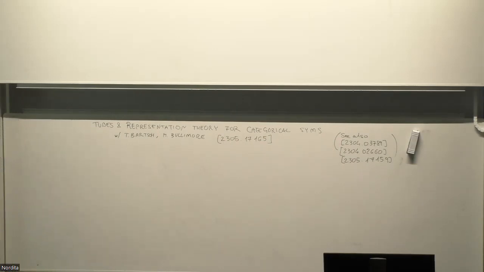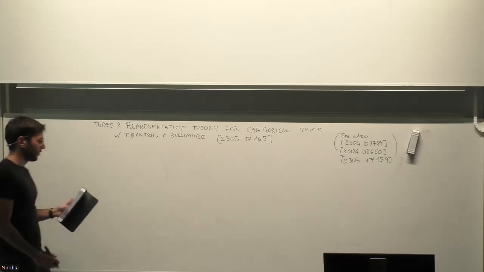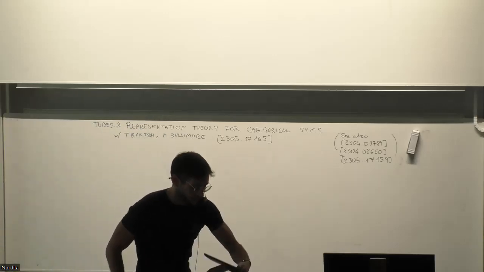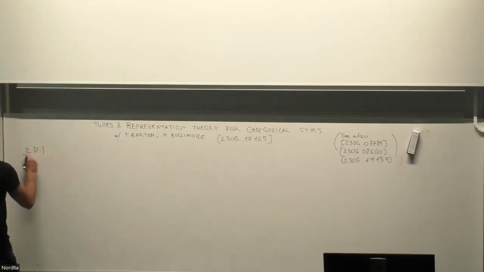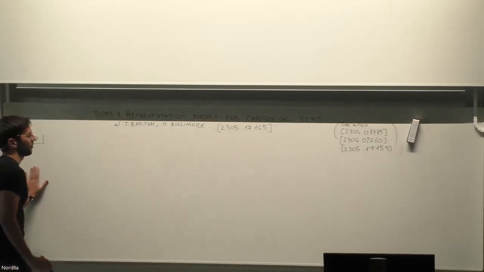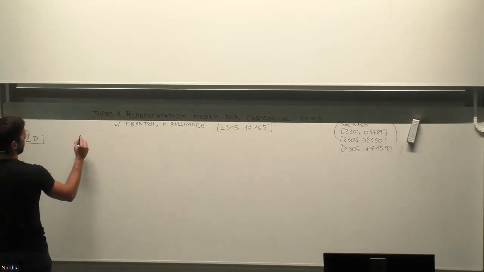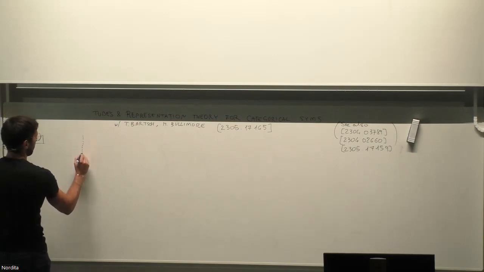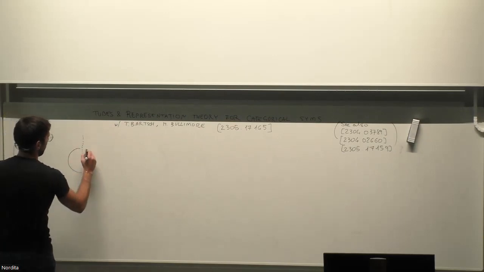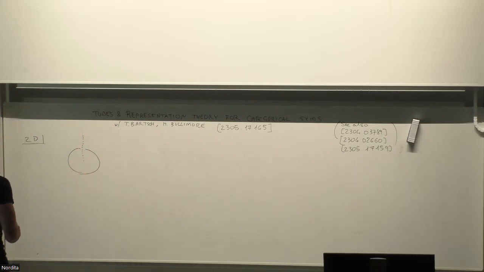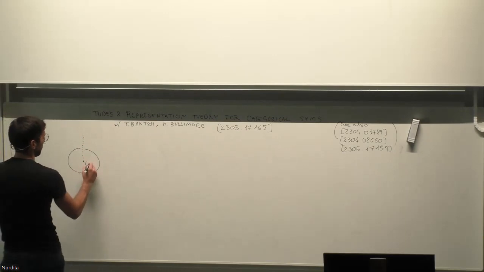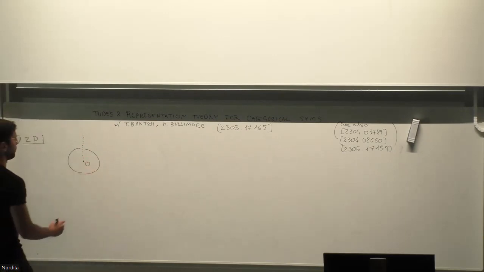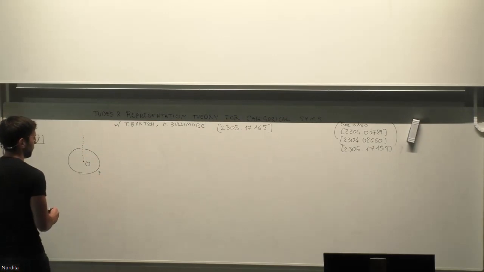In order to understand how categorical symmetry acts, it's useful to start from the two-dimensional setup and try to understand what is going on in the group-like case first. As already pointed out on Monday, we can think about representation theory for genuine local operators with respect to a group-like symmetry as a particular functor.